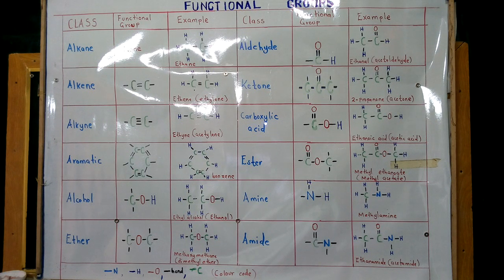And then for carboxylic acids, the functional group, remember, as we have said, this is an acid, and we will see this in the topic on the definition of an acid and a base. We say that an acid is a proton donor.